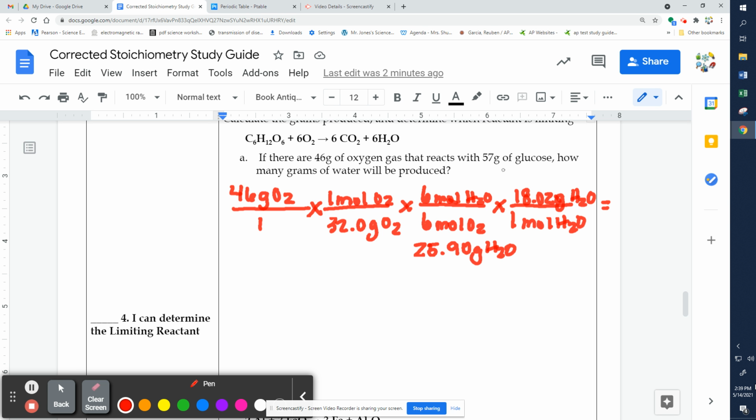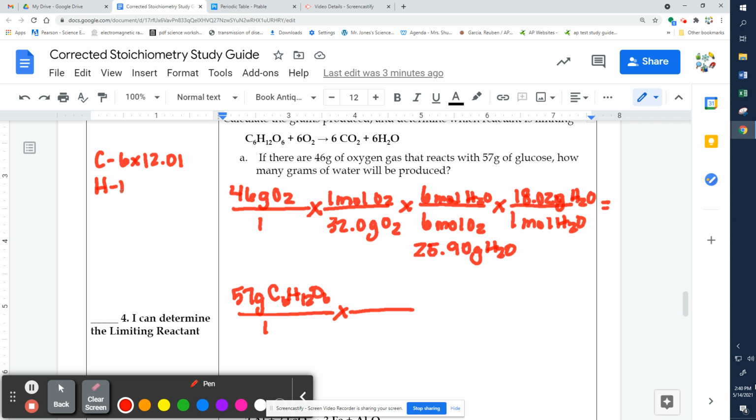If we start off with 57 grams of glucose, glucose is the C6H12O6. We need the molar mass for that. We have 6 carbons times 12.01.